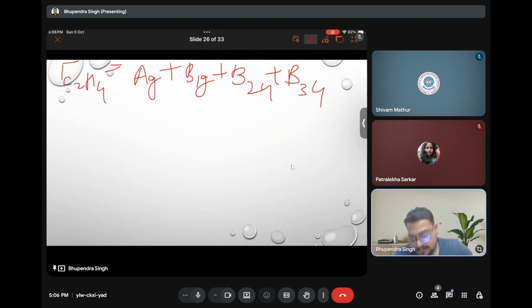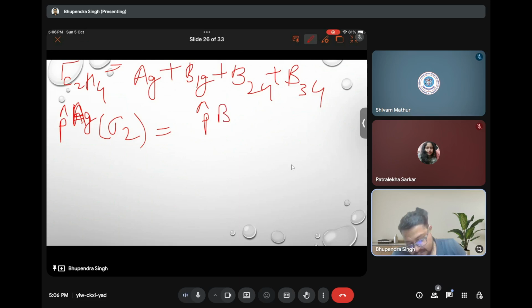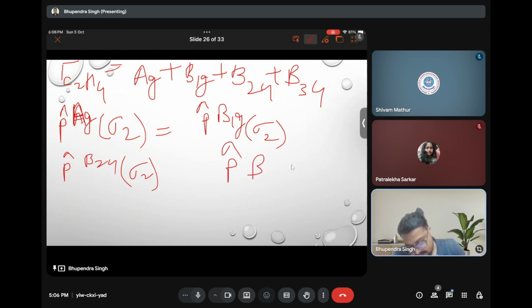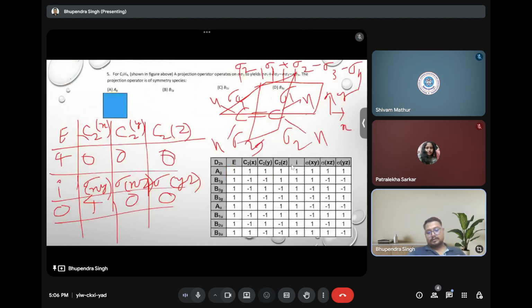Now the projection operator of A_z on sigma 2 bond, and the projection operator of V1_z on sigma 2, the projection operator of V2 on sigma 2, the projection operator of V3_u on sigma 2. This is what we have to find out.